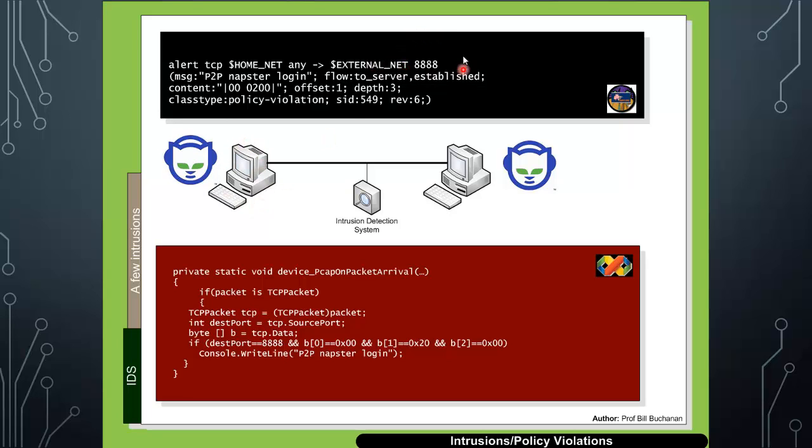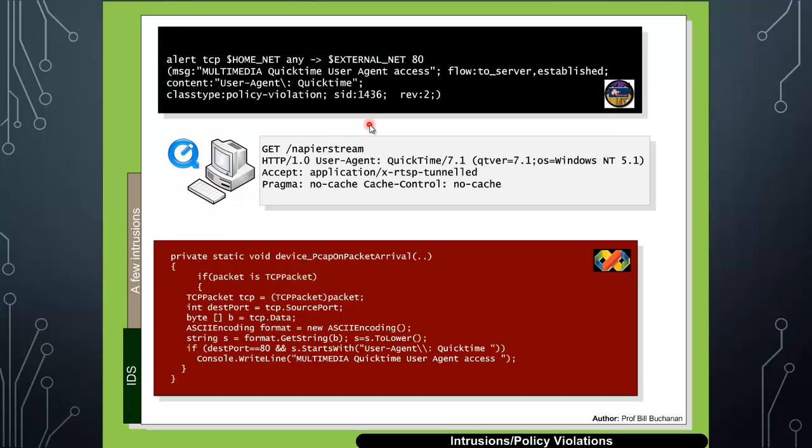In this case, we have Napster sitting on port 4888, and then we look inside the data packet for the content 000200, in hexadecimal digits, so it's looking for a binary pattern of 0000 0000 0000 0010 0000 0000. If it finds that and it's also connected to this port with this offset and this depth, then there is a policy violation that someone may be using Napster.